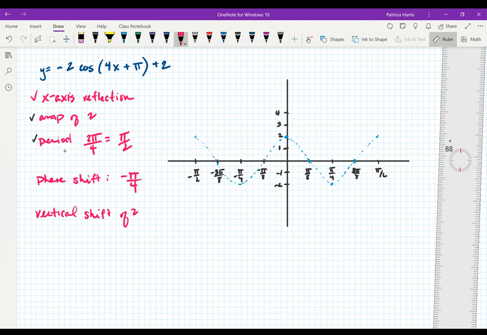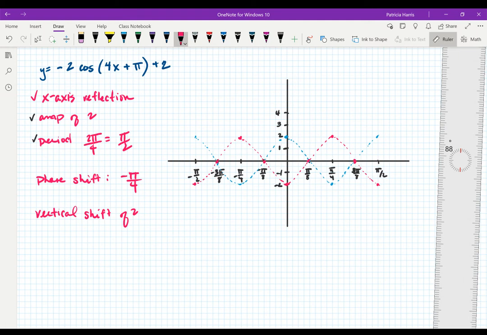So what was positive is now negative. 0 stays the same. Like that.